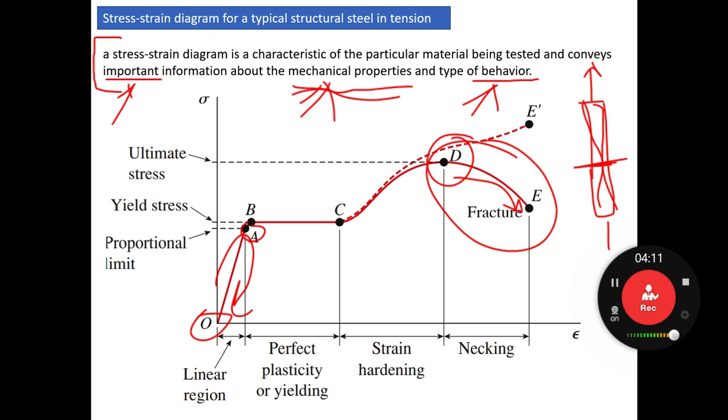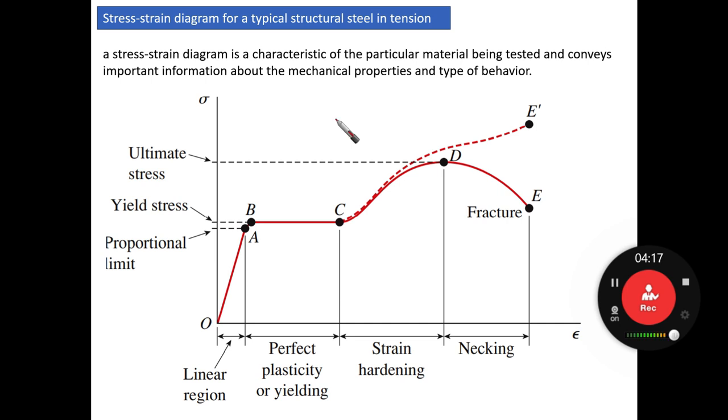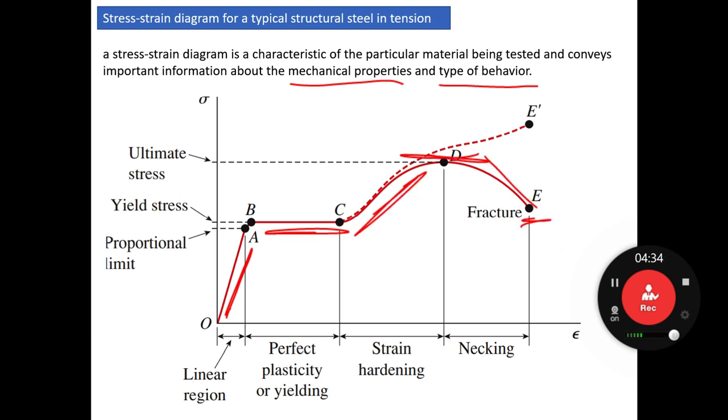So these are the two important things we need to know. Let's clear everything. Number one, mechanical properties of the material, and number two, the type of behavior, whether it is elastic behavior here, yielding here, strain hardening here, necking here, and then fracture at the end. This is the significance of the stress-strain diagram.